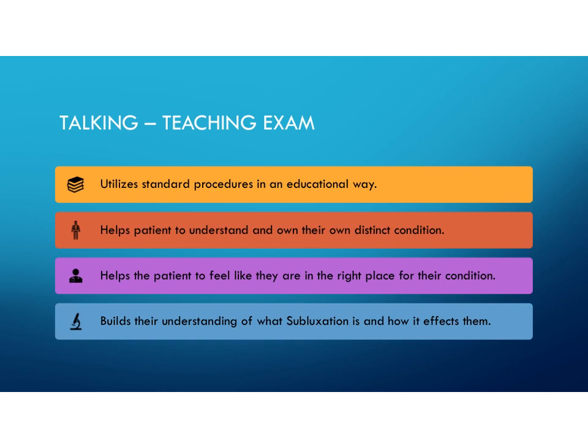And if we don't let people know that this is what we do and this is what we're looking for, then really we are no different than anybody else they've ever seen. Now, our application of our care would be different, but the analysis would be very much the same. And it helps the patient to feel like they're in the right place for that condition.